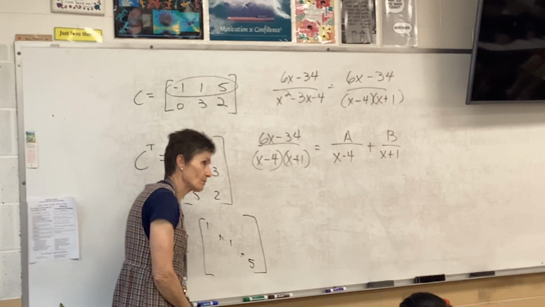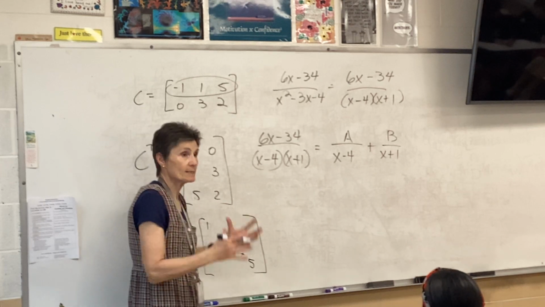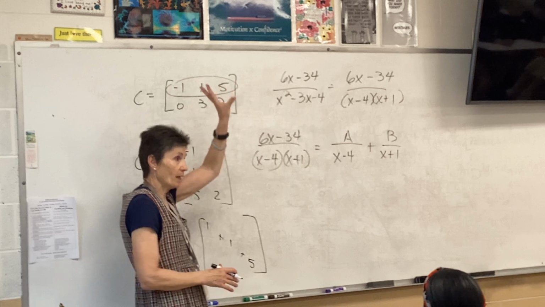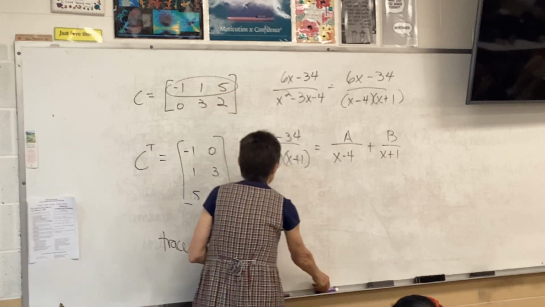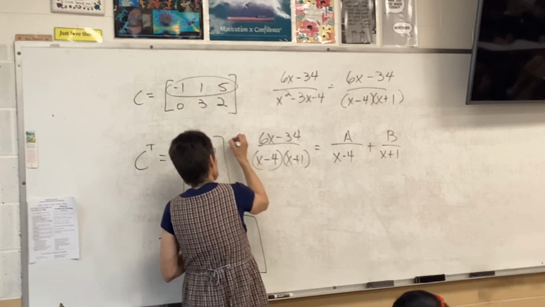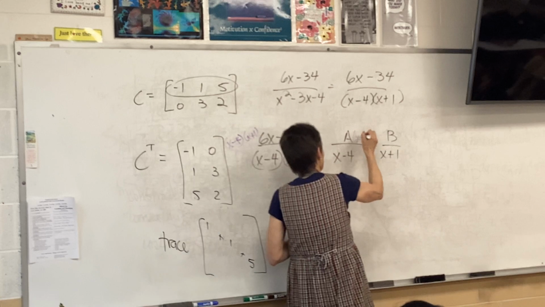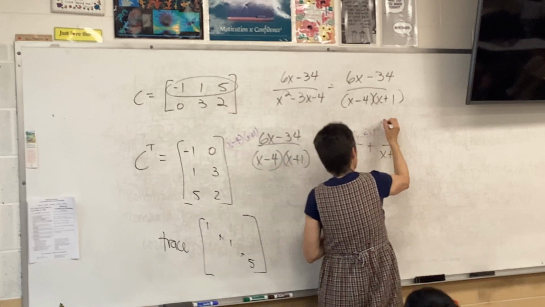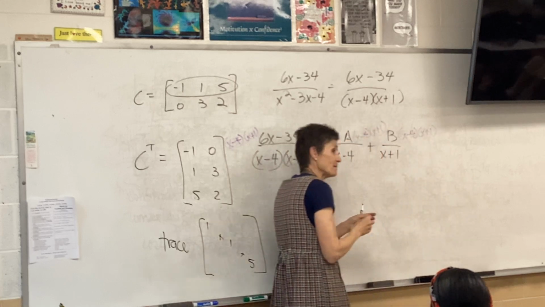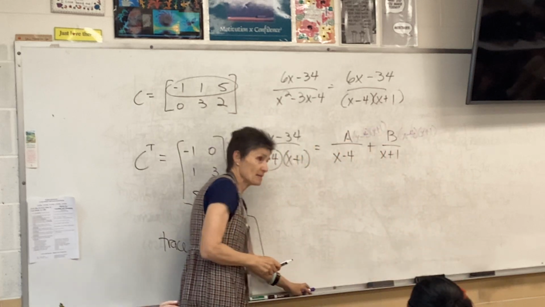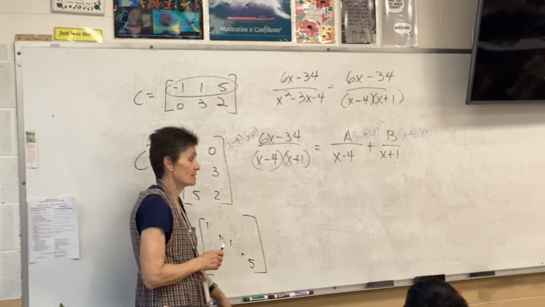Lose the denominators. And just like any other problem, you lose the denominators by multiplying out the common denominator. So the common denominator in this problem is x minus 4, x plus 1. So if you multiply every single thing by x minus 4, x plus 1, and you do not have to write this step down, but understand this is what you're doing. You are multiplying everything by the common denominator.